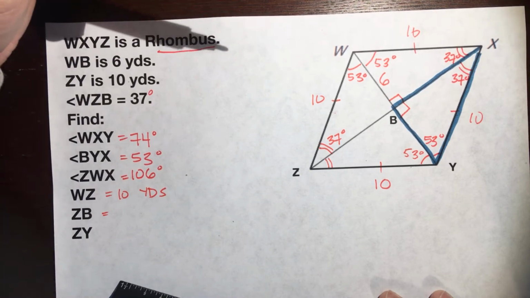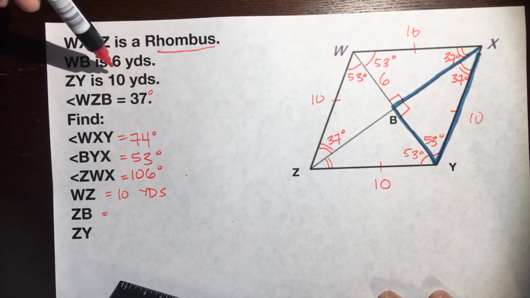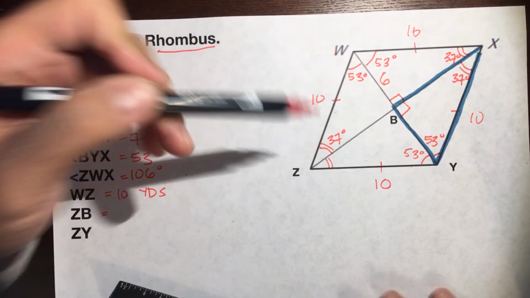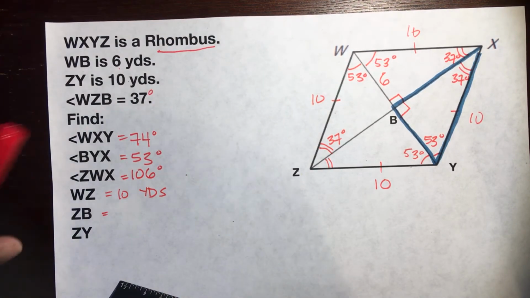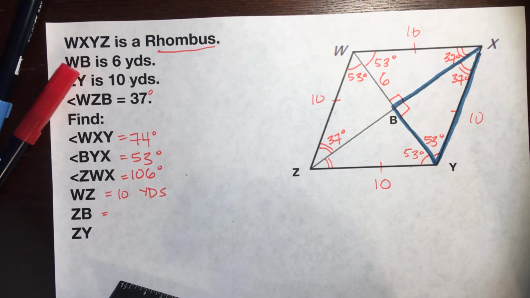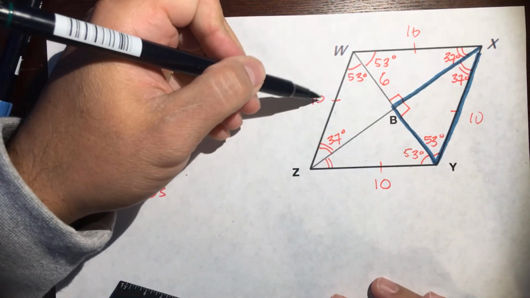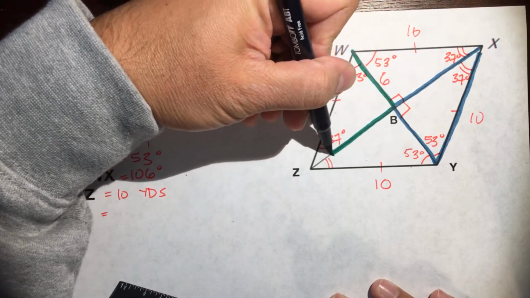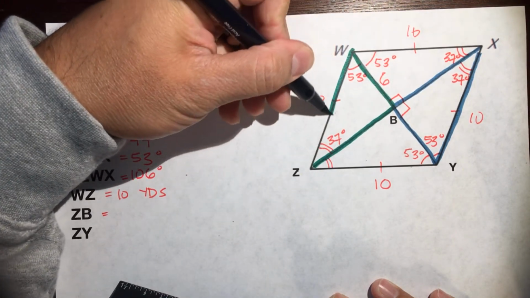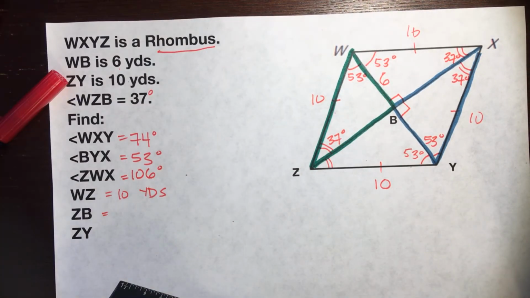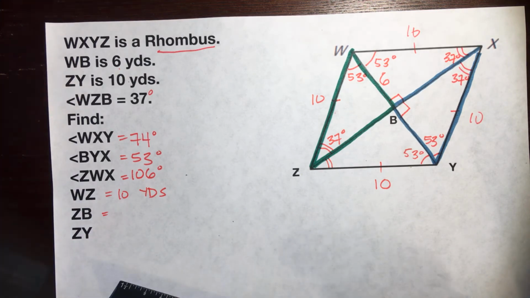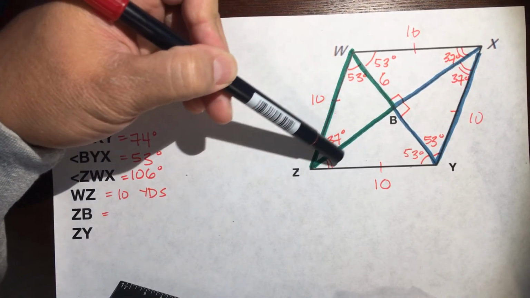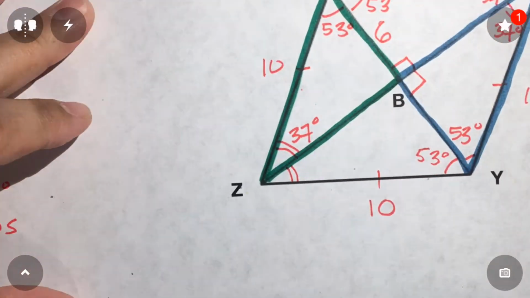From the beginning it told us that WB is 6. So we have that 6 right here, and we have a 10 right here. Let's just focus on what we have. This 10 and the 6 are both in this green triangle right here, and it's asking for the ZB.